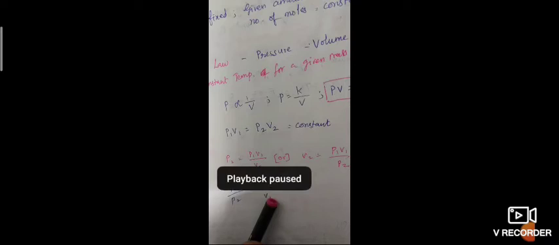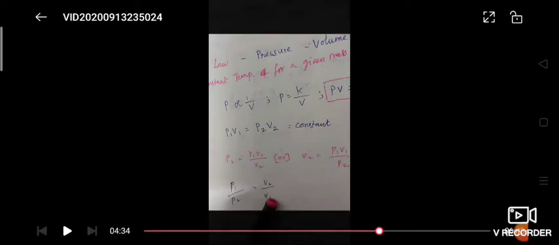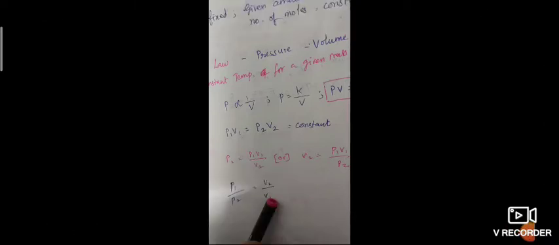So when we see that P is inversely proportional to 1 by V, removing the proportionality, we introduce a constant K. So P is equal to K by V. So PV is equal to K. So PV is equal to constant. So P1 V1 is equal to P2 V2, that is constant.